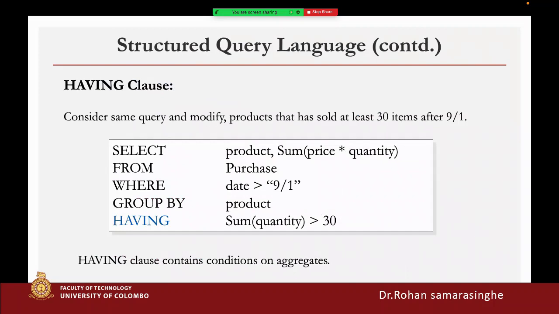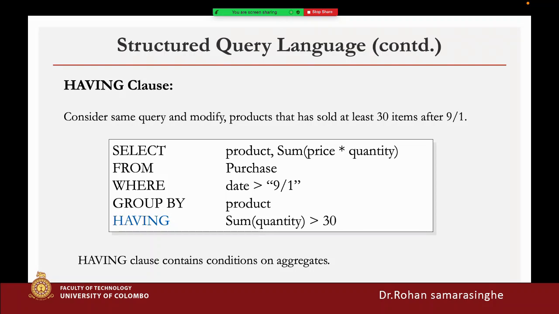Select product and sum of price into quantity as total sales or something like that. You can rename the column, and you select from the purchase table where a certain condition holds, the date is greater than 9/1, that is after September 1st.